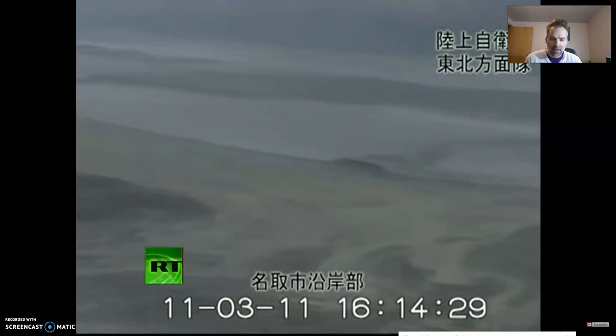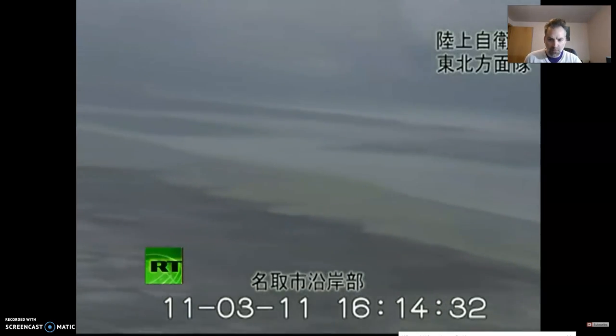So when it does hit land, when it does hit the shore, it is pretty devastating.